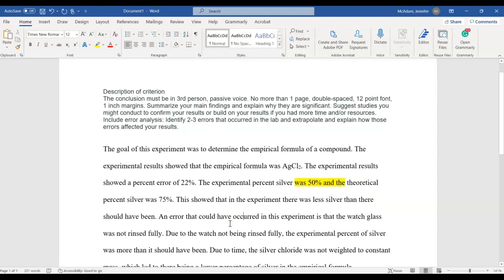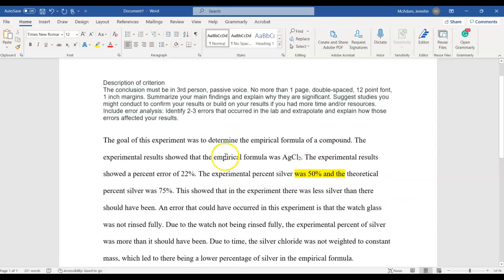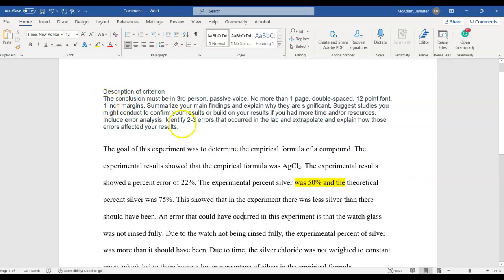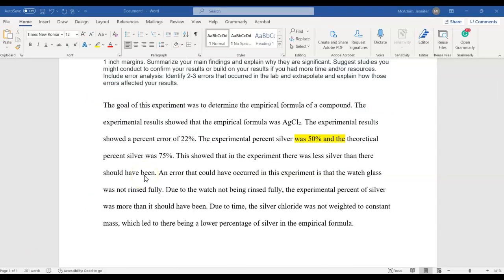Why isn't it the same? Okay, so that's pretty much what I'm looking for in the conclusion and the error analysis. It's really 2 parts: the conclusion and then the errors. Okay, so that is how to write this piece of your lab.